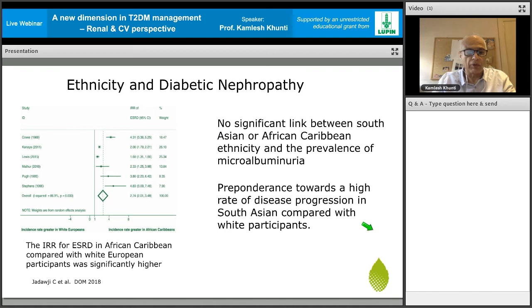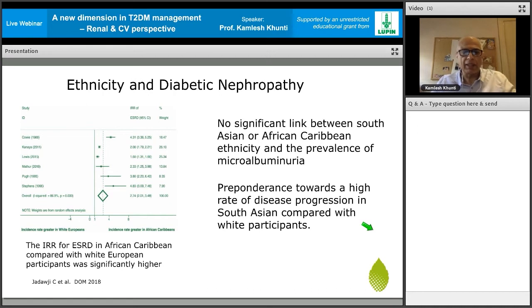Now, obviously, all of us want to ask questions about ethnicity. There's very little data on ethnicity. This is a systematic review that we conducted looking at ethnicity and diabetic nephropathy, and we found no significant link between South Asian or African Caribbean ethnicity and the prevalence of microalbuminuria. However, there was a preponderance for higher rates of disease progression in South Asians compared to white participants once they developed microalbuminuria.